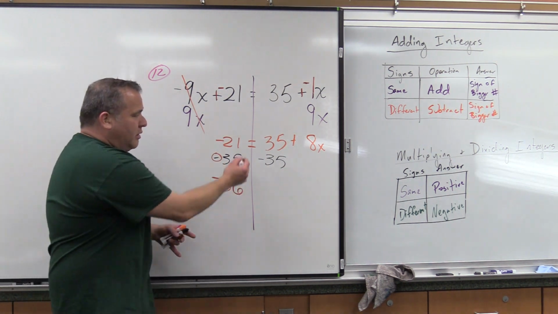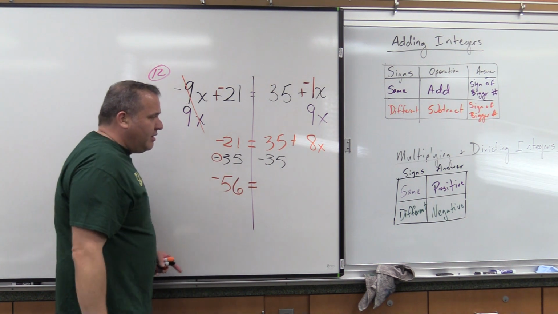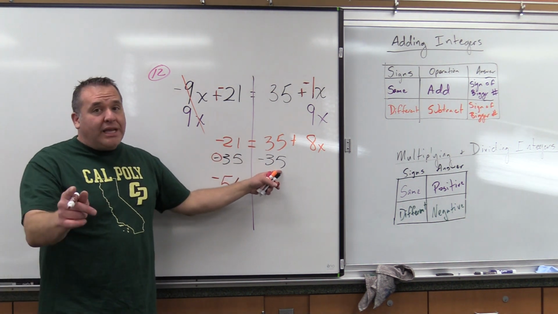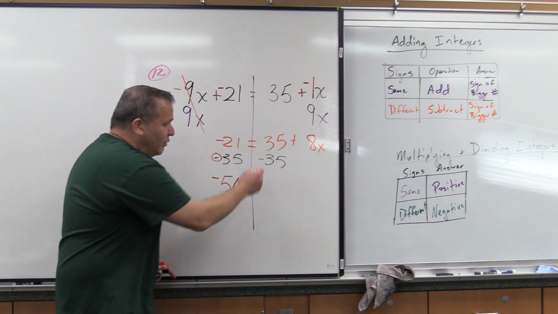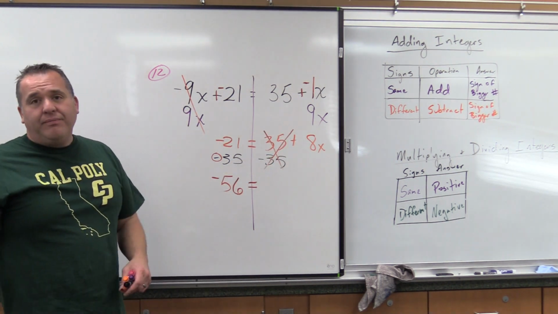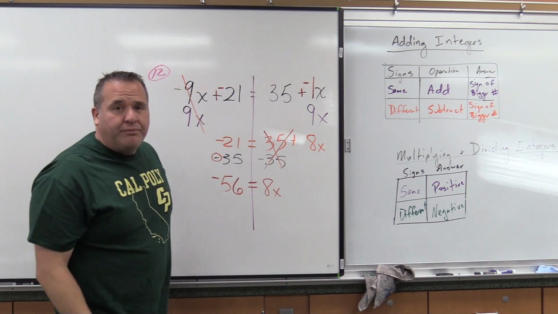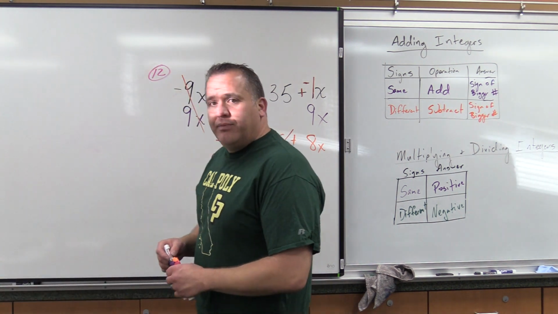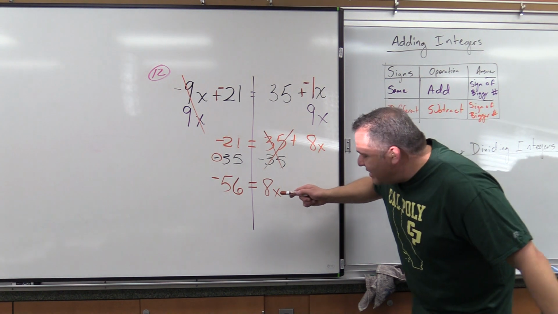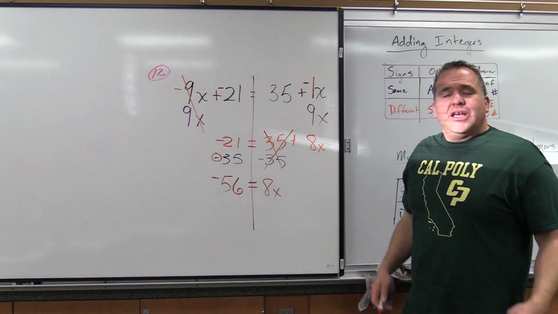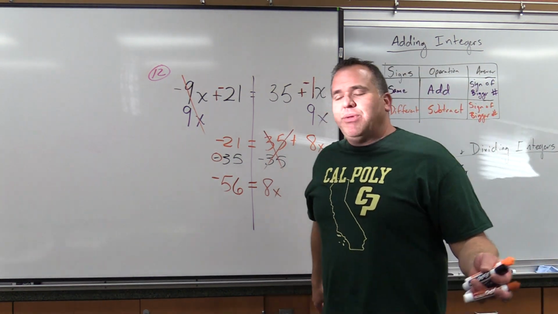And then we're going to bring down that equal sign. 35 minus 35, we said already, 0. So we're going to cancel that out, it's gone. Then we're going to take this 8x and bring it down right here as well. Now, what are we going to do next? We have to get rid of this 8 that's being multiplied to the x. How are we going to get rid of an 8 being multiplied to x?